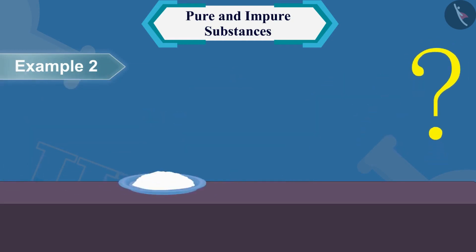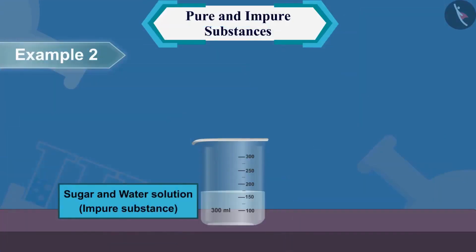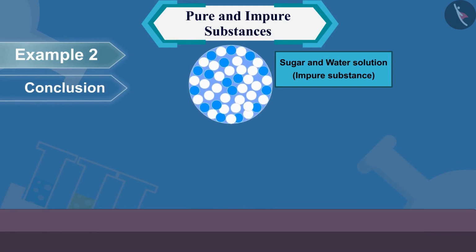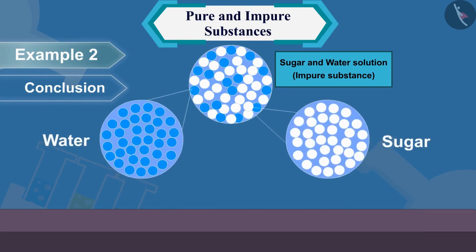But can we separate sugar or water into their components by some physical process? No. From this activity, we can conclude that the solution of sugar and water is an impure substance or mixture, which consists of two pure substances, sugar and water.